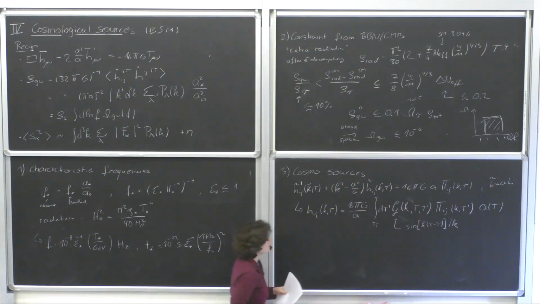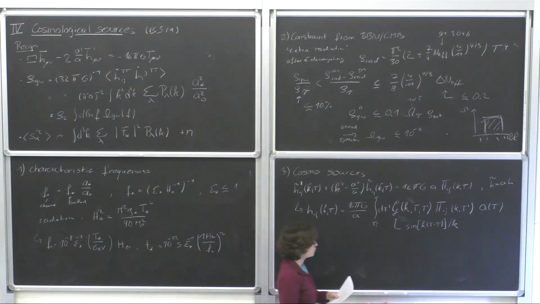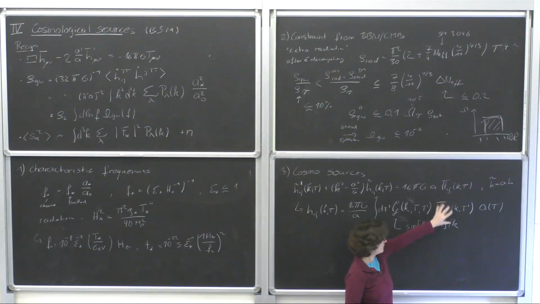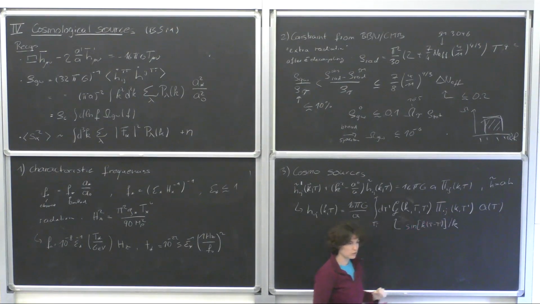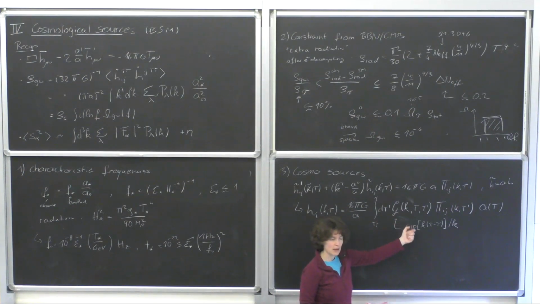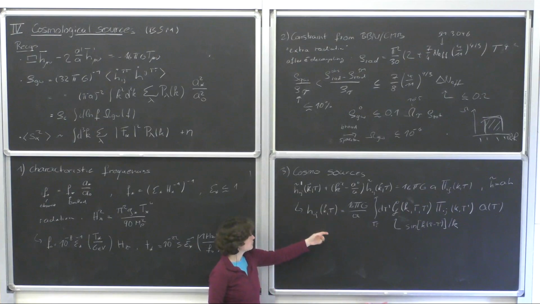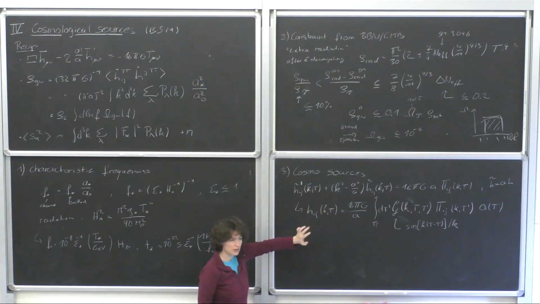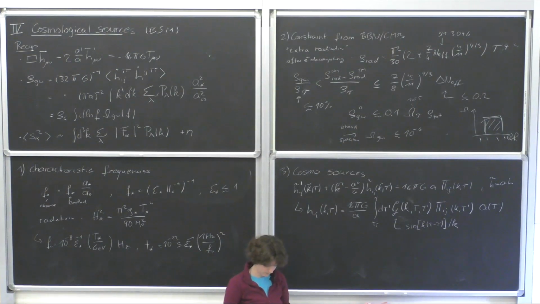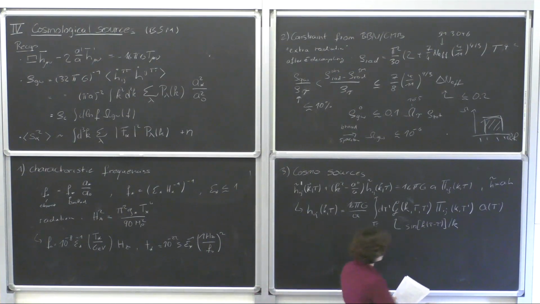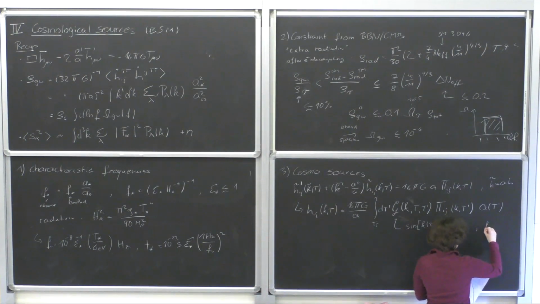Okay, so if you know the energy momentum tensor of your source, you can, in principle, perform this integral, at least numerically, and you know the gravitational wave observed at whatever time you're interested in. This is the Green's function, I should say, for k larger than aH.